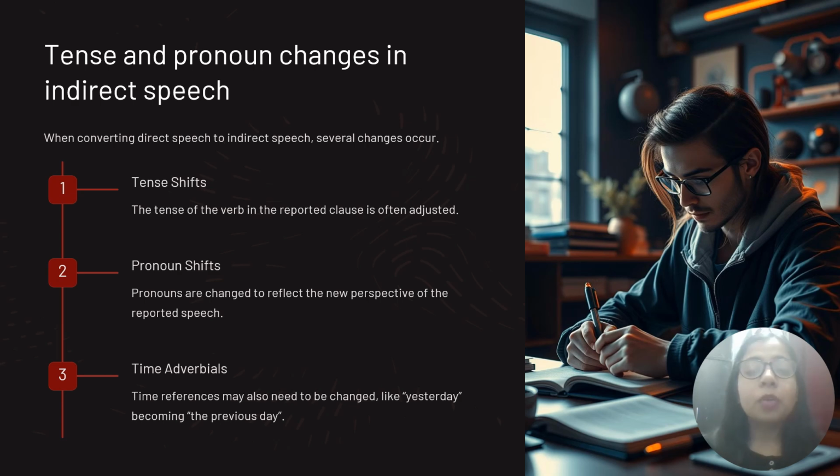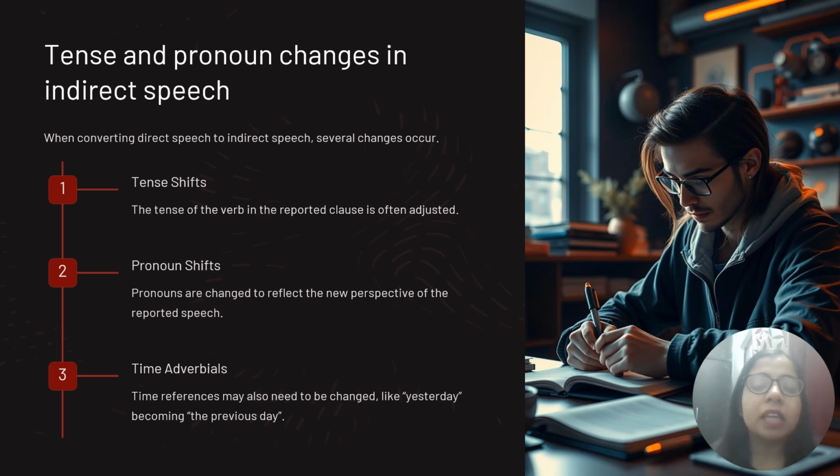Now we will talk about how tense and pronoun changes in indirect speech. First is tense shift. The tense of the verb changes when we are converting from direct to indirect speech. Next is pronoun shift. As I told you, I becomes he, she, it, whatever the sentence is demanding.